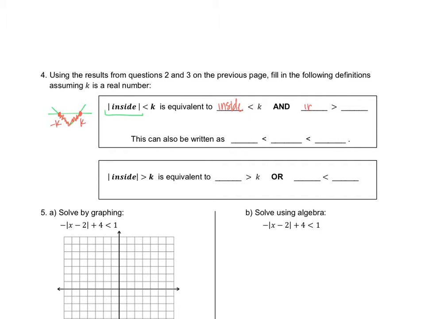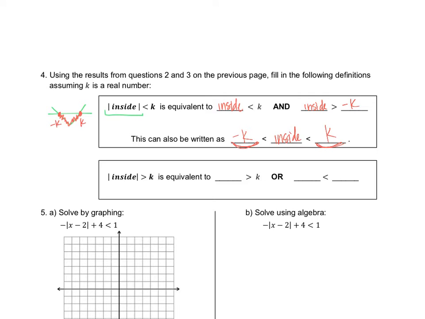So that means that our inside is greater than -k. A better way to say that is that our inside part is sitting between -k and k.